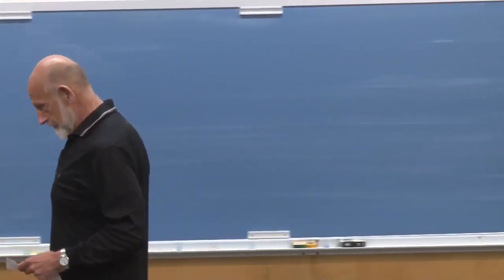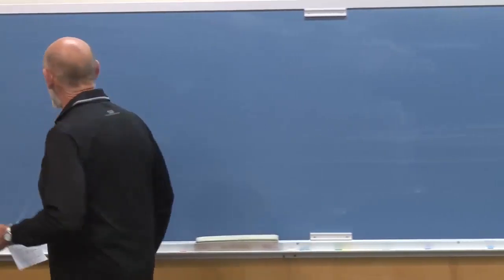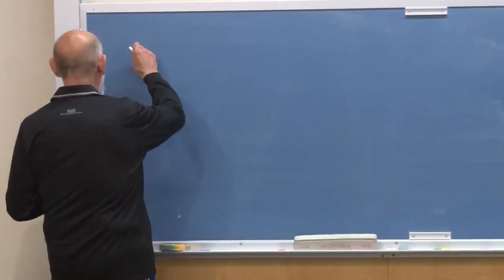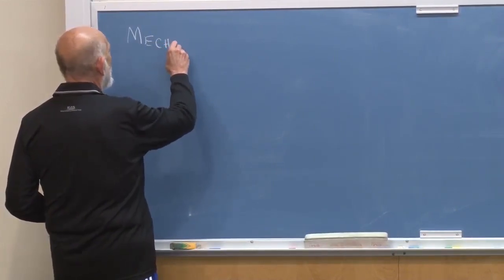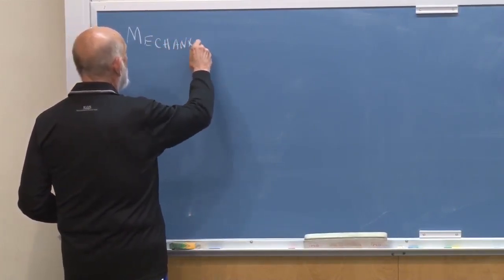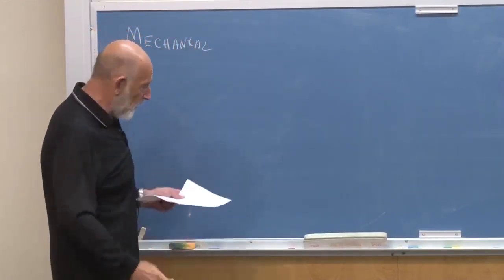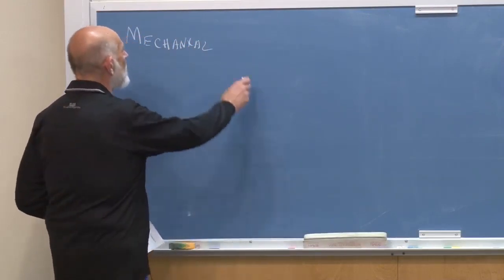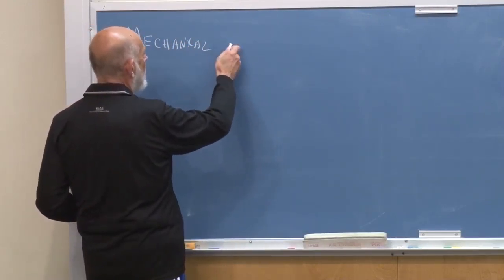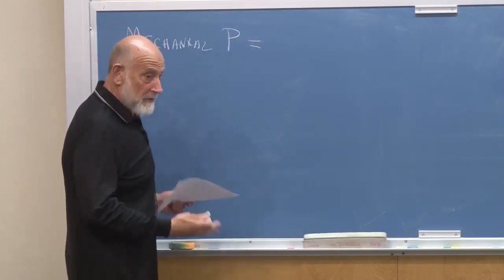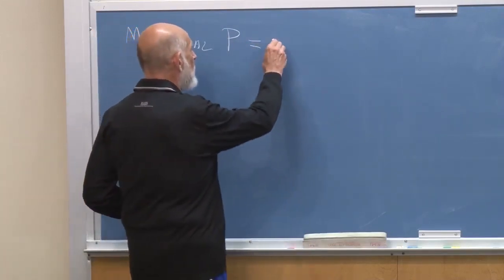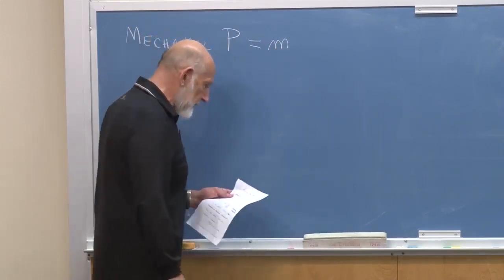The first concept of momentum is usually called mechanical momentum. Mechanical P is just equal to mass times velocity. I'll assume we know what mass is, I'll assume we know what velocity is.